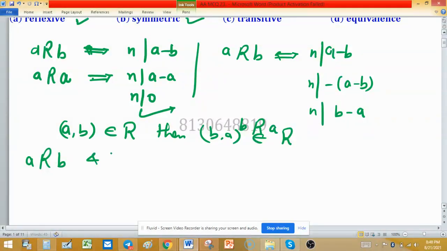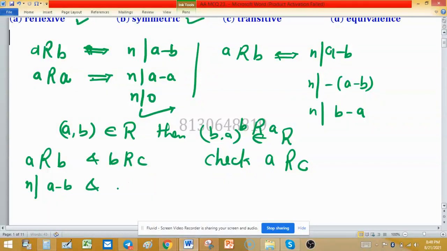Now we need to check the transitive property. If a is related to b and b is related to c, then we need to check that a is related to c. If a is related to b, it means n divides a minus b, and n divides b minus c. If n divides two numbers, then n will divide the sum of them.